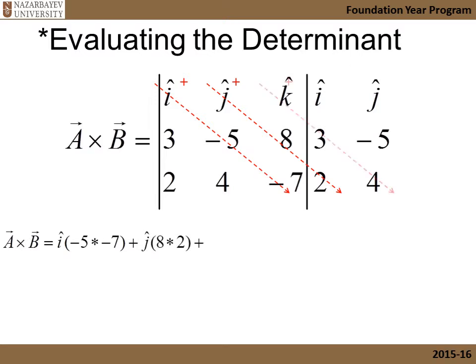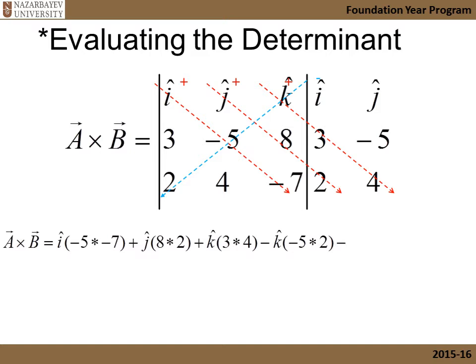and then we use our third summing diagonal. So we add the multiplication of k and 3 and 4, and now we will use our subtracting diagonals. Our subtracting diagonal is oriented from the upper right corner to the bottom left corner, and we subtract, so we have minus k times minus 5 times 2.